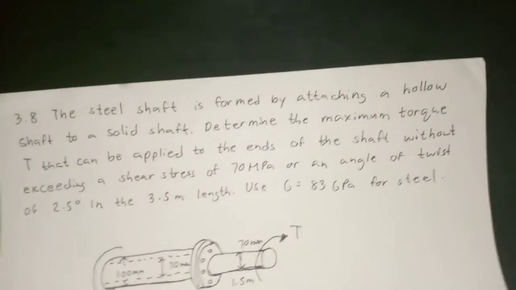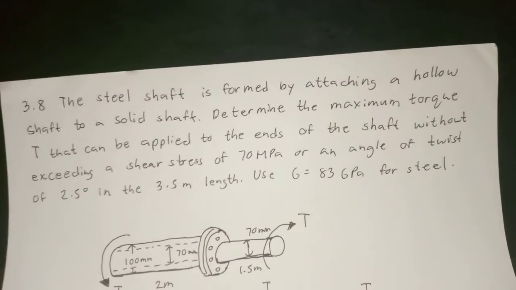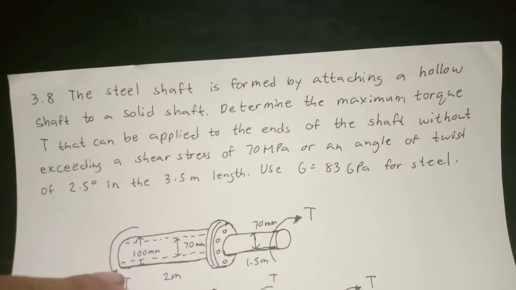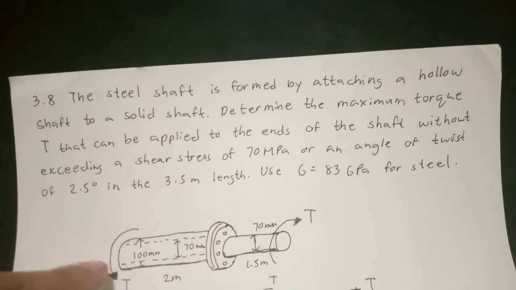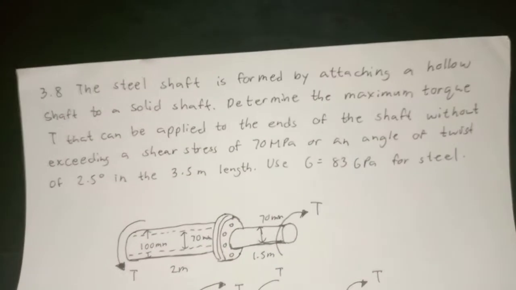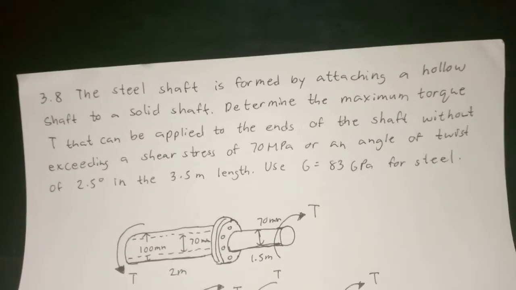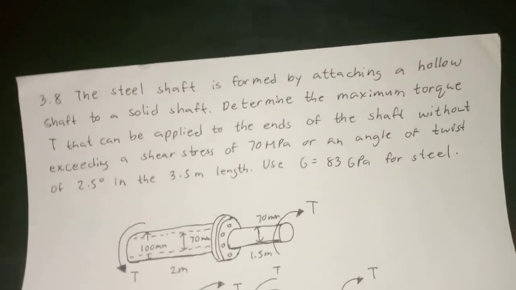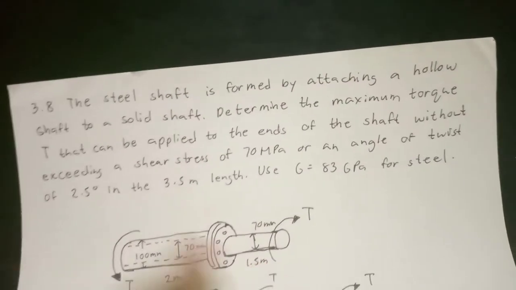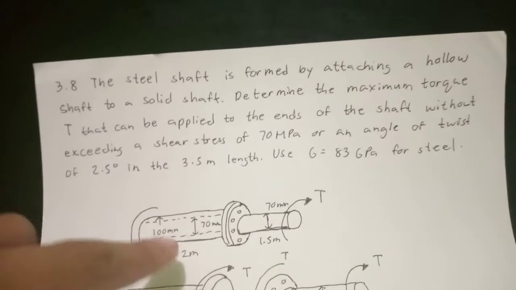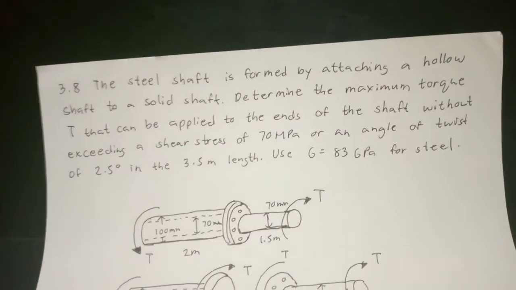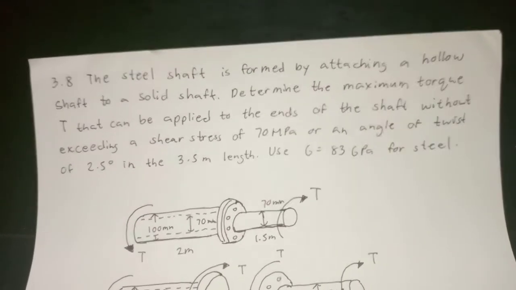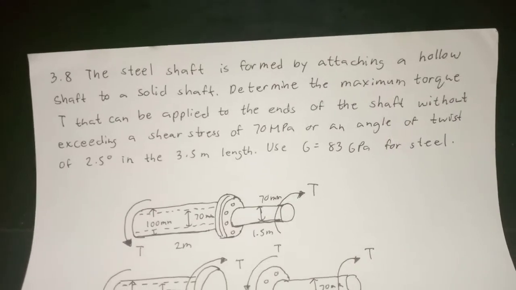One shaft is solid, with a 70 mm diameter, and the bigger shaft is a hollow shaft with an outside diameter of 100 mm and an inside diameter of 70 mm. They have different lengths. The solid shaft has a 1.5 meter length, and the hollow shaft is 2 meters in length respectively.